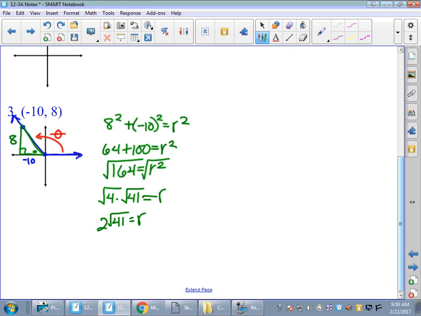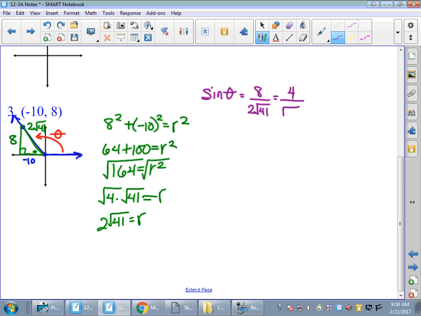Now it's not pretty. It's going to get a little ugly, but it's good to show you one of these. So to write our trig values, the sine of theta is equal to opposite 8 over 2 root 41. That's my hypotenuse. Now the 8 and the 2 can divide. 8 divided by 2 is 4.